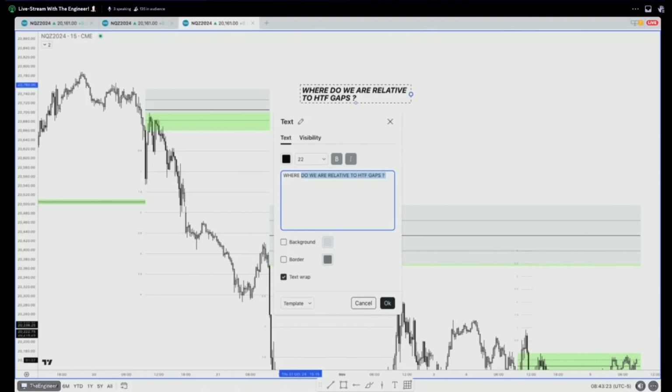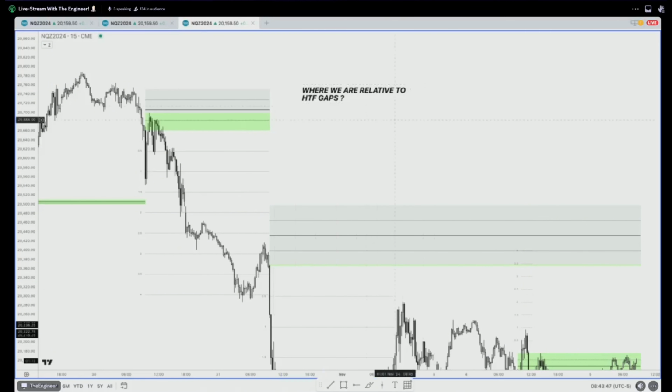Where are we relative to the previous... this is the first question: where are we relative to high time frame gaps.